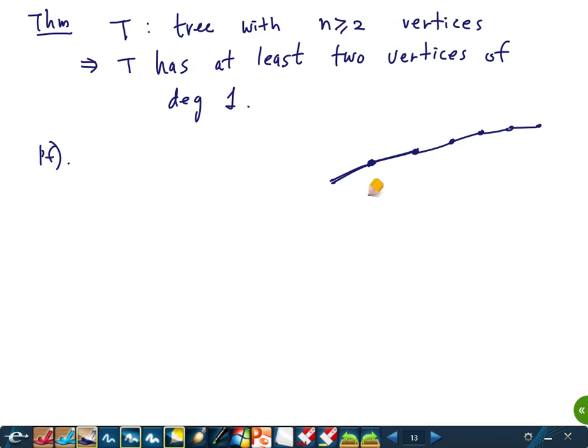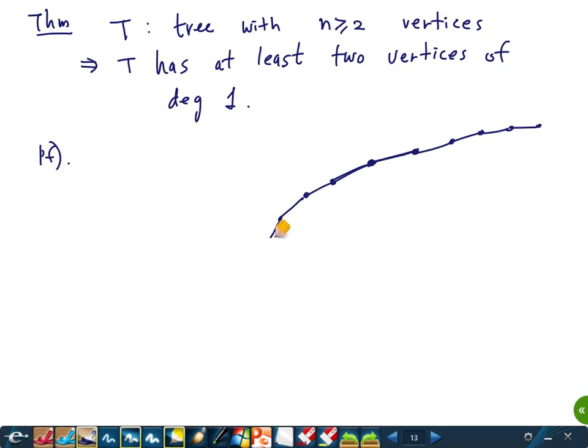But because this is a tree, you cannot go around and then get back, right? Because then we will have 2 different simple paths, right? So the only possibility that you cannot go any further is that this vertex has degree 1. That's the only possibility that you cannot go any further. Otherwise, you can continue.